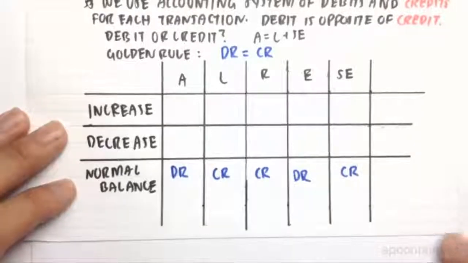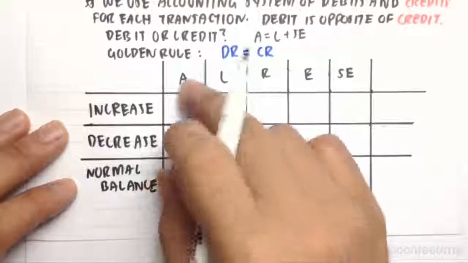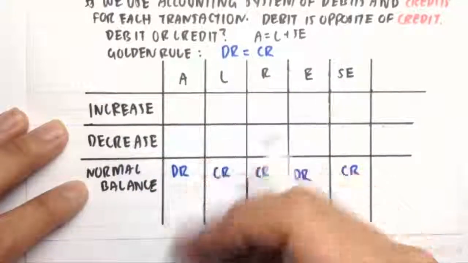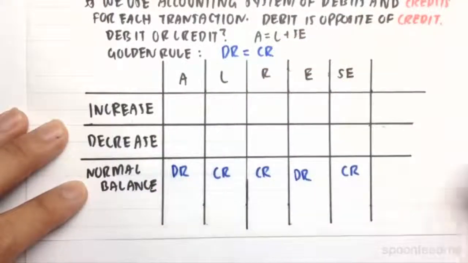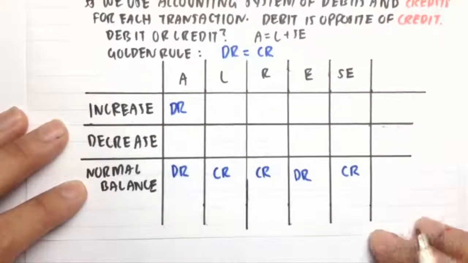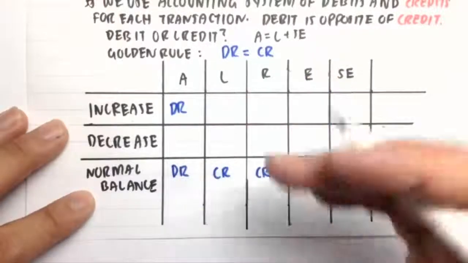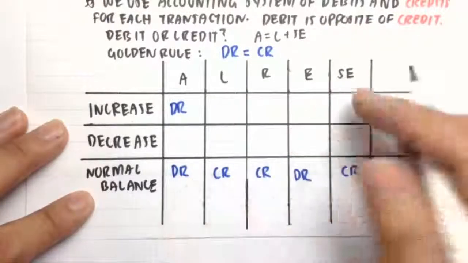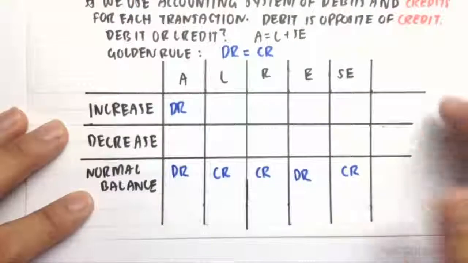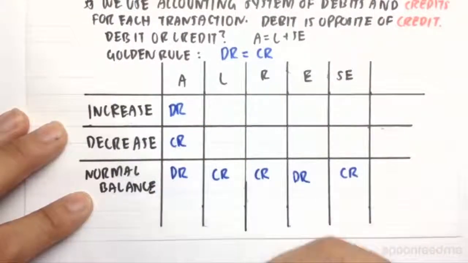So normally, for an increase in assets, if it has a debit balance, in order to have a bigger debit balance, we must obviously increase it with a debit, okay? So therefore, if we have a normal debit balance of an asset, in order to decrease that asset, we need to reduce the amount. As a result, we need to credit the account, which is the opposite of increasing it.